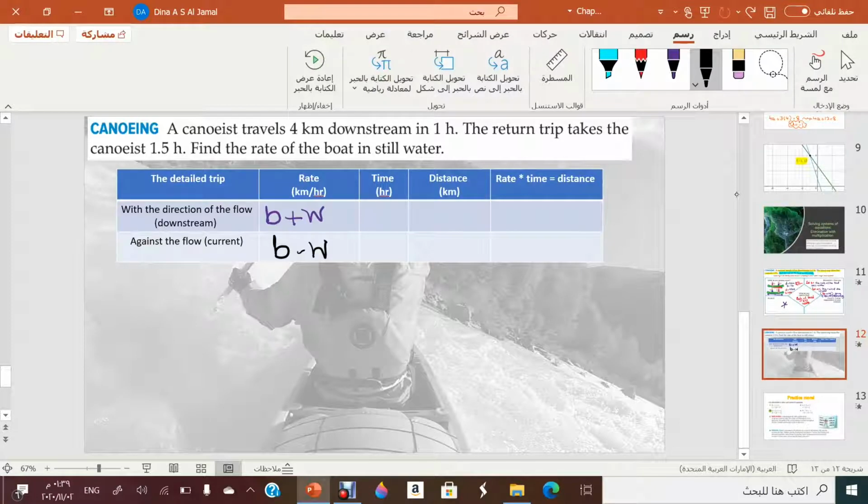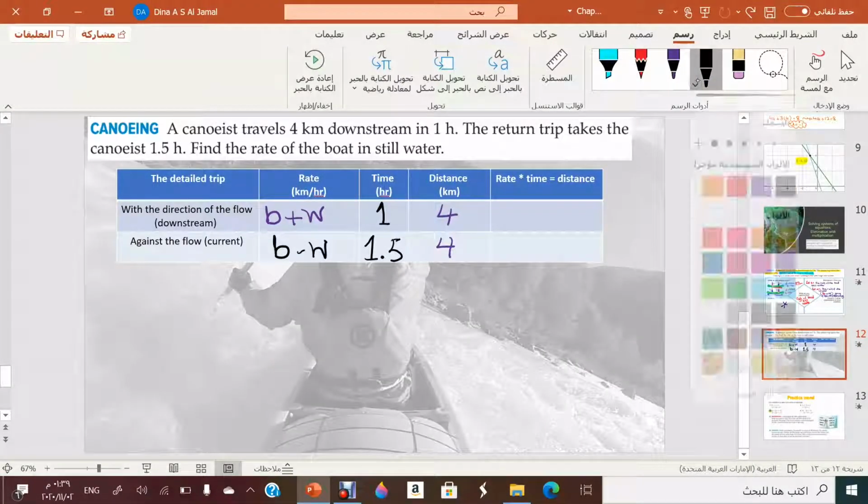And for the time, you have it in hours. The time of going is 1 hour. The time of returning back is 1.5. Then focus on the distance. Previously, we explained that it has an equal distance because of the symmetry.